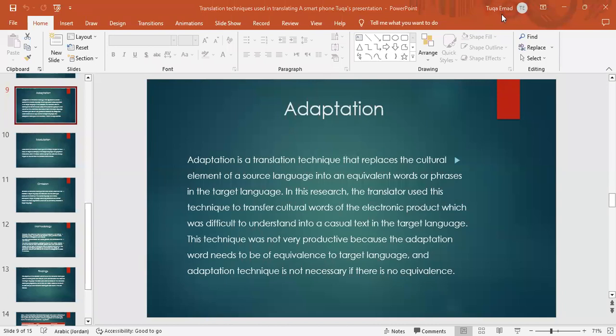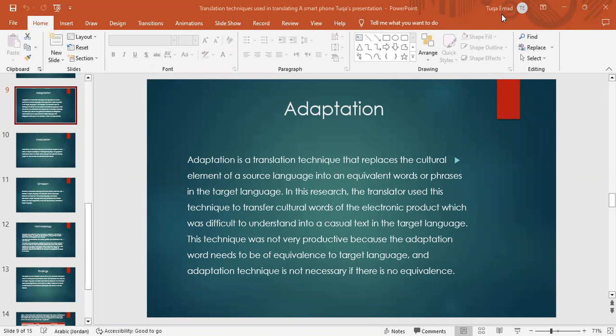Adaptation is a translation technique that replaces the cultural element of a source language with an equivalent word or phrase in the target language. In this research, the translator used this technique to transfer cultural words of the electronic product, which were difficult to understand, into a casual text in the target language.